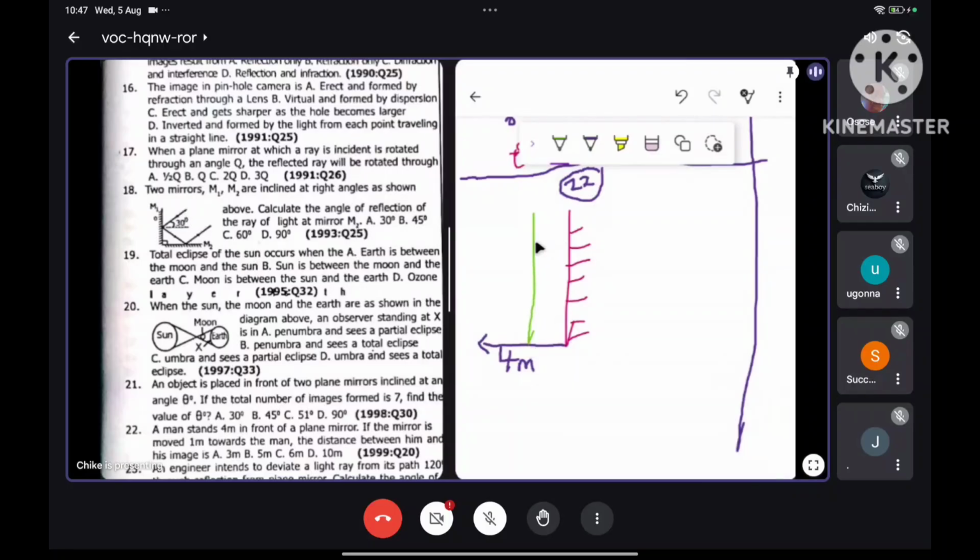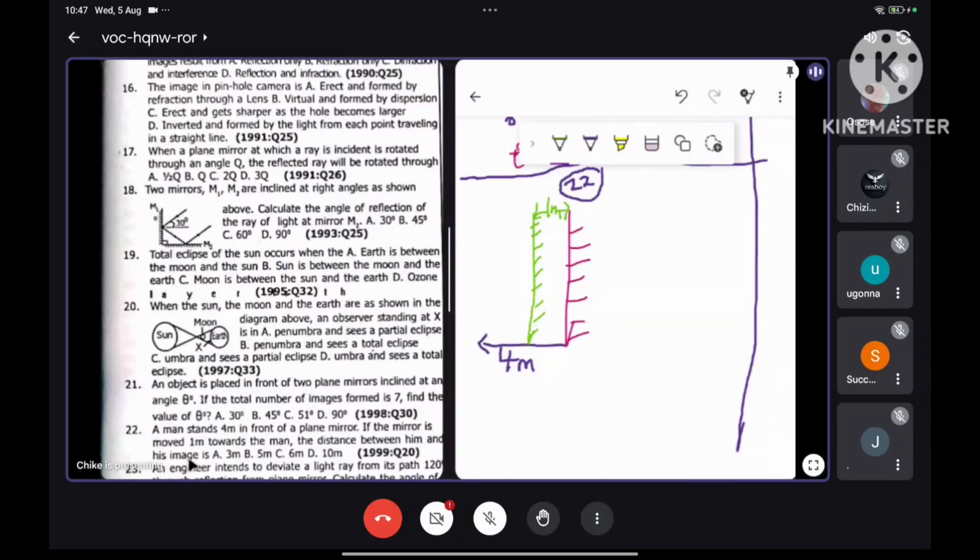So this is the new position of the mirror, in front. The distance moved was 1 meter. So who can tell me what will be the distance now between the man and the mirror, first of all?